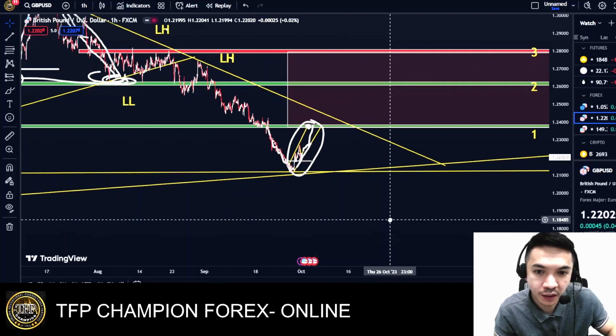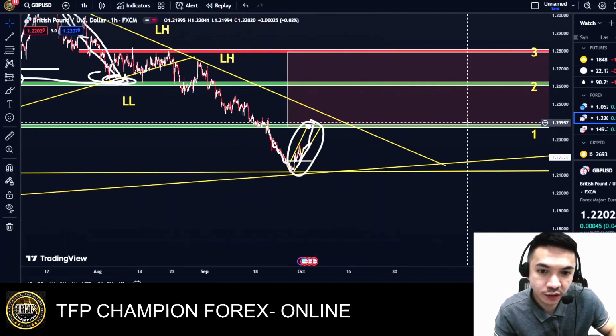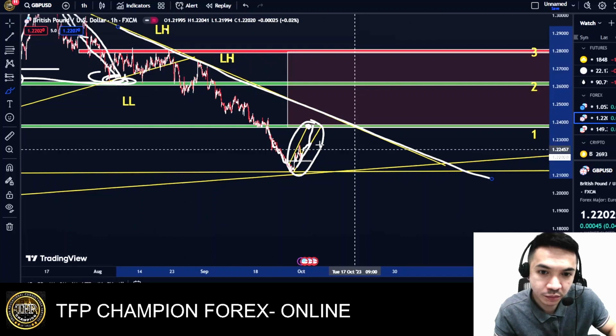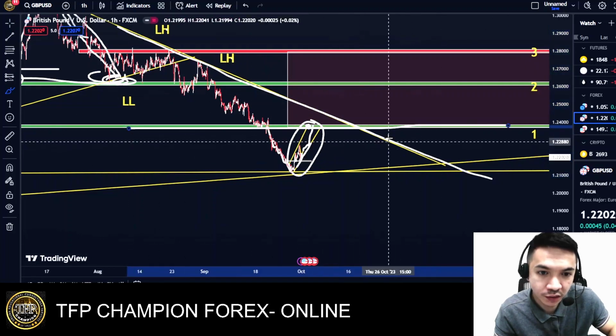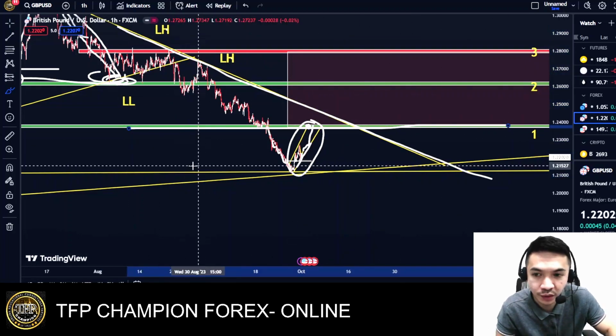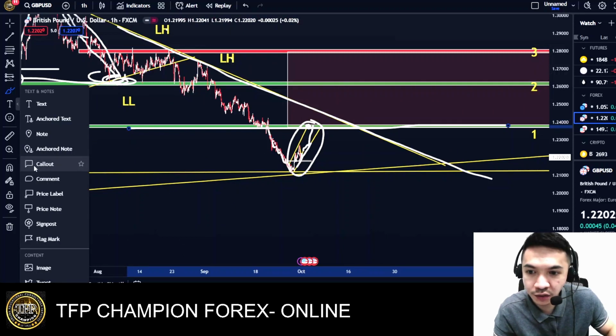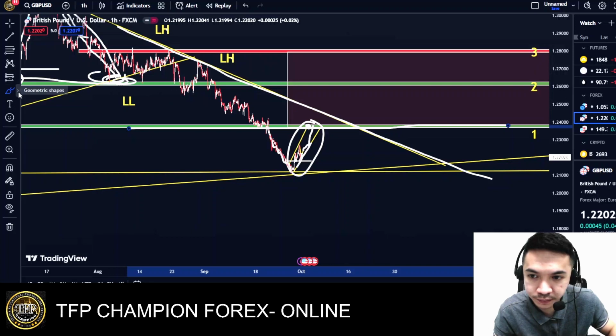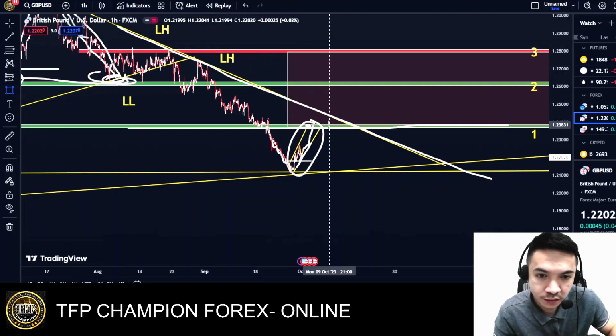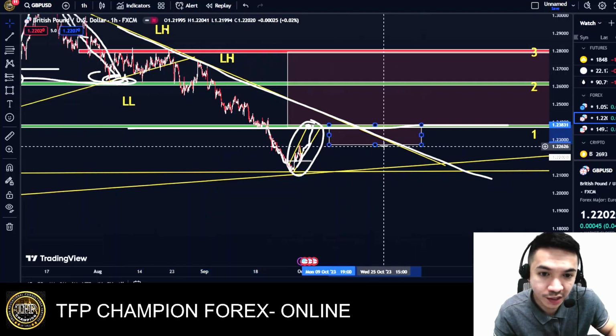Where? Diba? Below ng support level, okay? At the same time, below ng trend line resistance. So, meaning, itong one na yan is actually an area of what? Is actually an area of high probability trade zone as a sell.